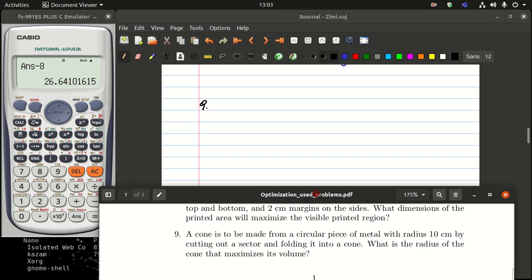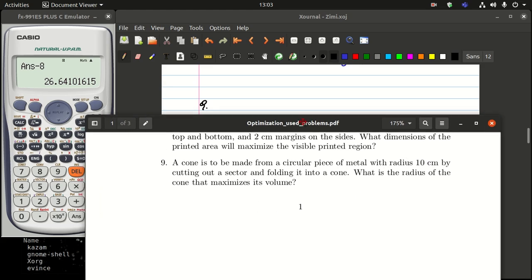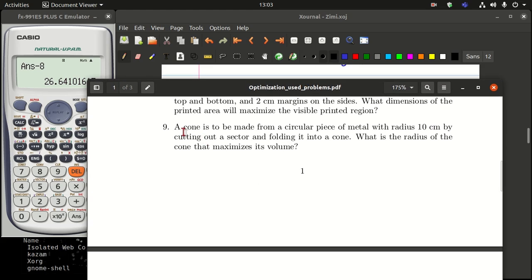This problem might seem a little bit difficult, but it's not that difficult because we wanted to create a cone out of a circular metal.